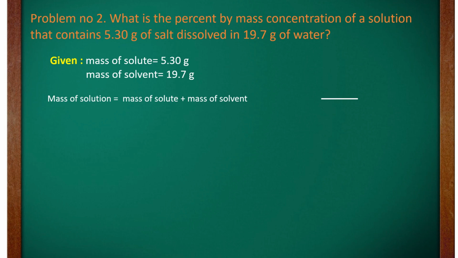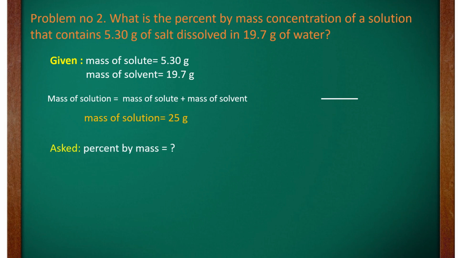To find the mass of solution, all we have to do is add the mass of solute and mass of solvent. So by adding 5.30 grams and 19.7 grams, the mass of solution is 25 grams.